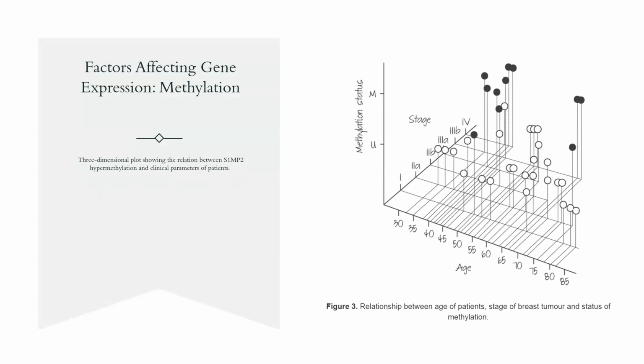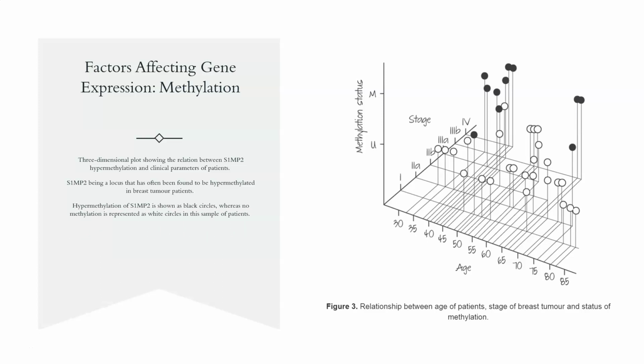A 3-dimensional plot showing the relationship between SFRP2 hypermethylation and clinical parameters of patients. So that's what we're looking at here, this 3-dimensional plot. SFRP2 being a locus that has often been found to be hypermethylated in breast tumour patients.